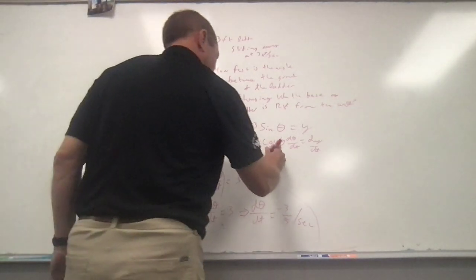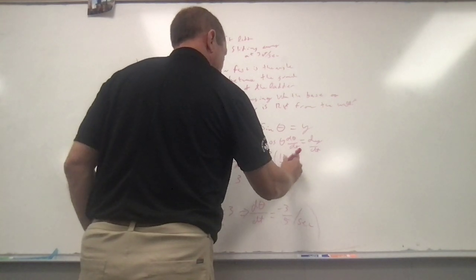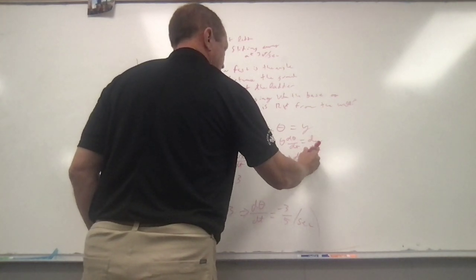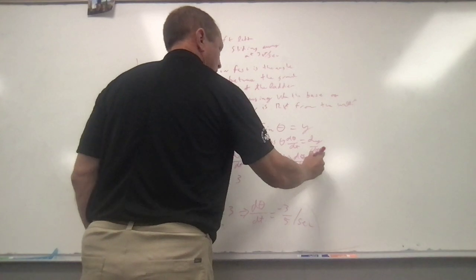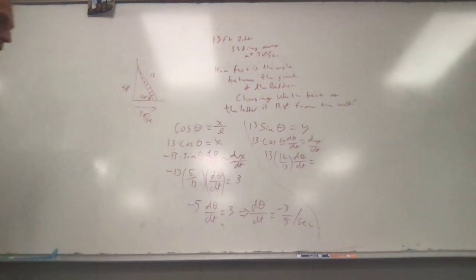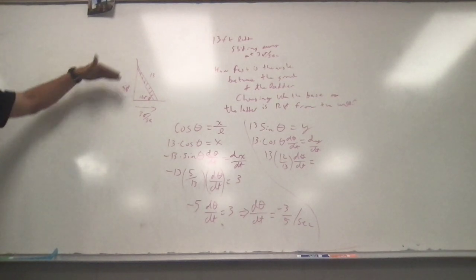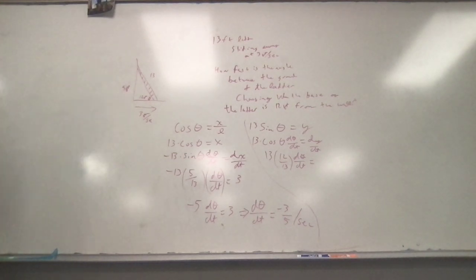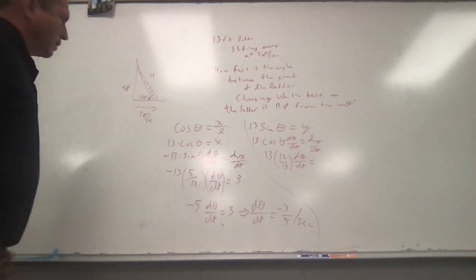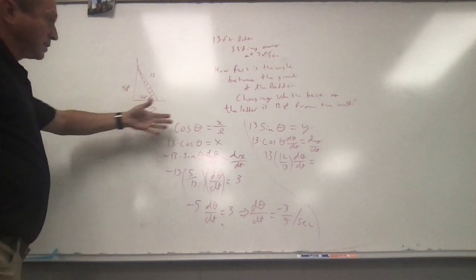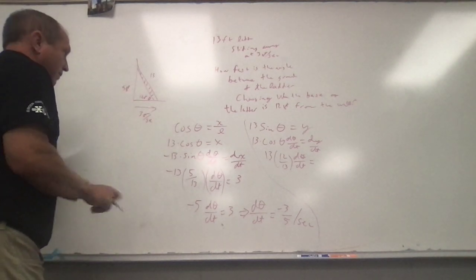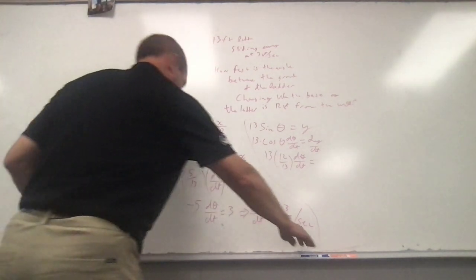So I've got 13 times 12 over 13 d theta dt. Now dy dt here, we don't know. And in most problems, we're going to solve for that dy dt before we solve for the angle missing, but let's go ahead and do this real quick.